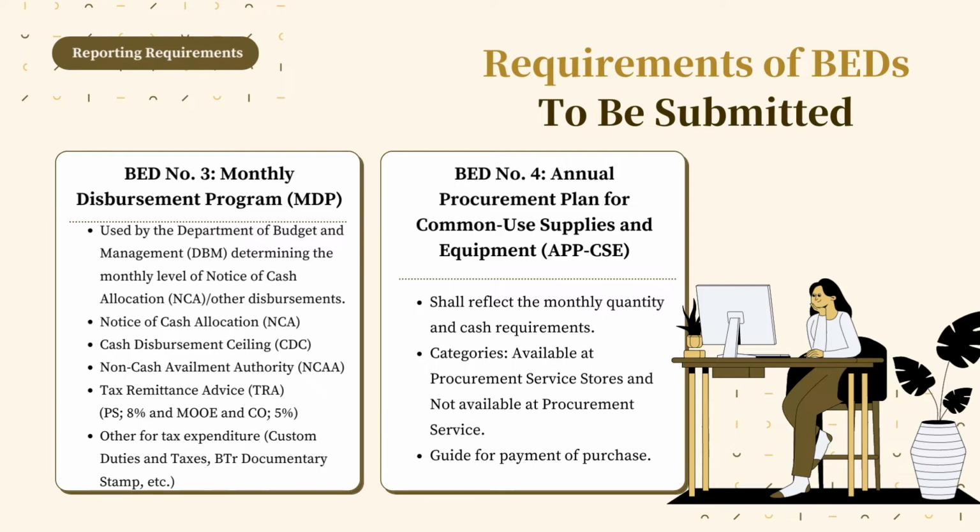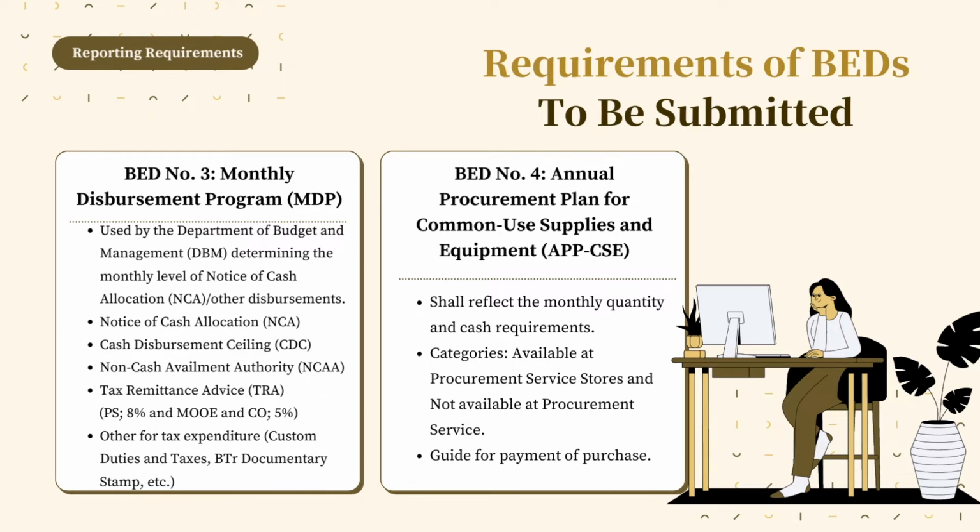And for the non-cash program, the budget year shall comprise the monthly requirements for all disbursements other than those covered by NCAs such as the TRA, NCAA, CDC, debt service, and TEF.